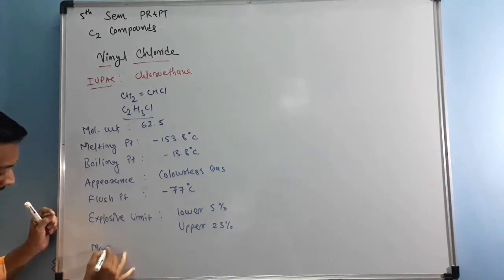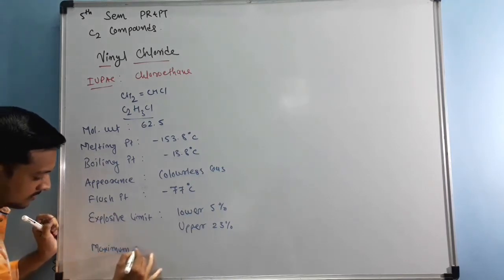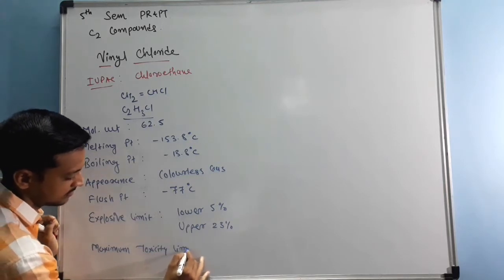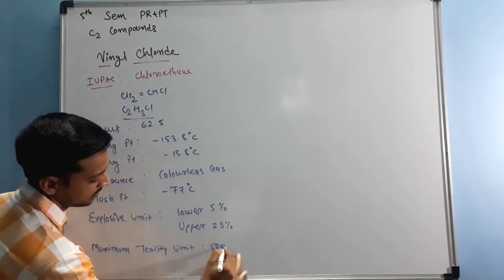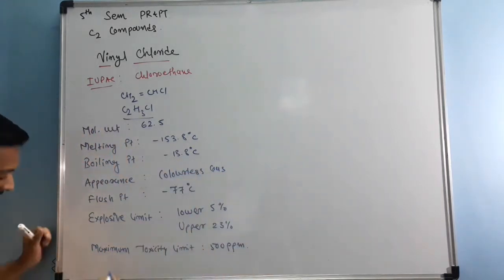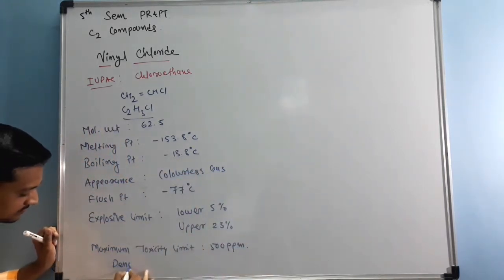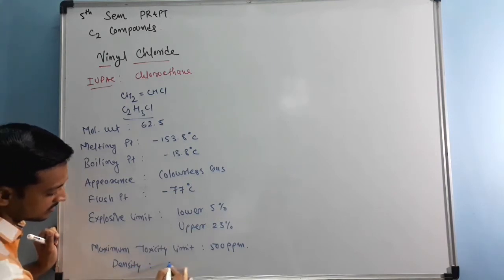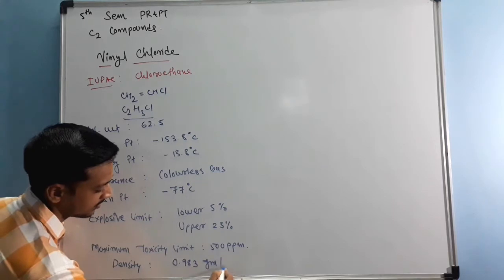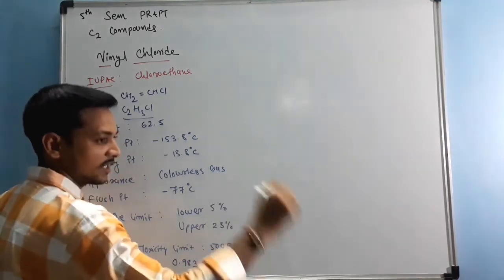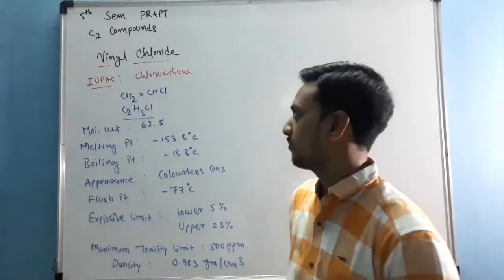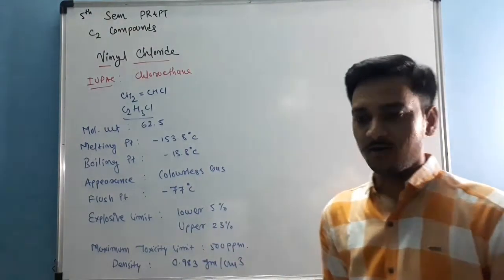Maximum toxicity limit 500 ppm, and the last one is density, 0.983 gram per centimeter cube. So these are the physical properties of vinyl chloride.